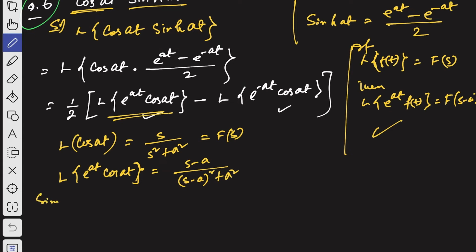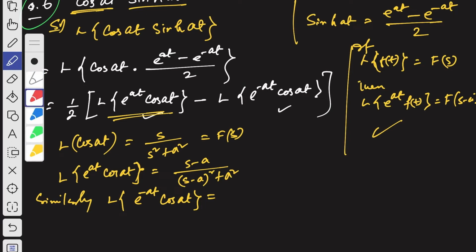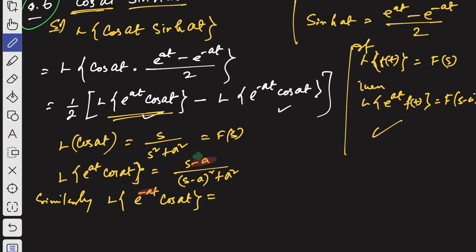Now similarly, we can find Laplace transformation of e to the power minus at cos at, right? We just need to replace this a by minus a, then you will get here s plus a. Hope you have understood this. Here also s plus a, that's what you will get.